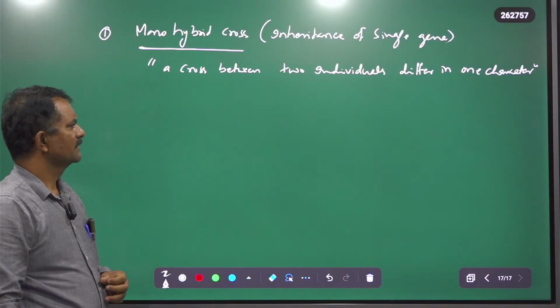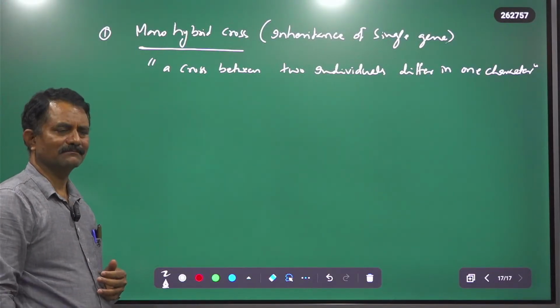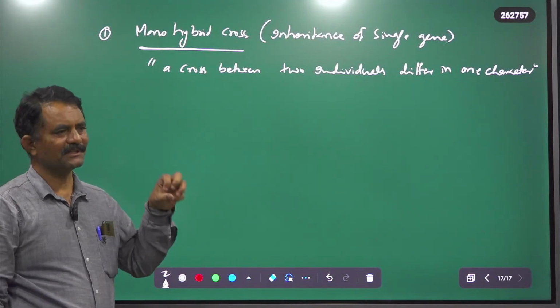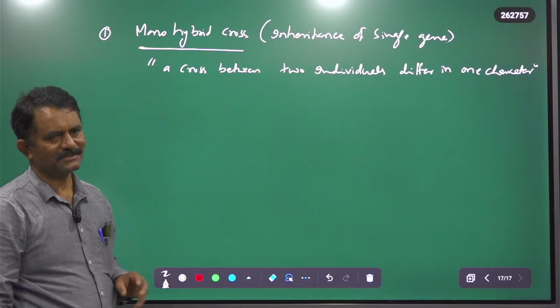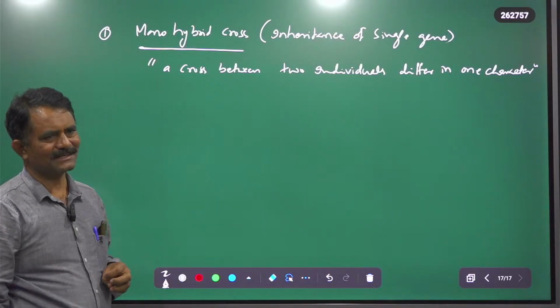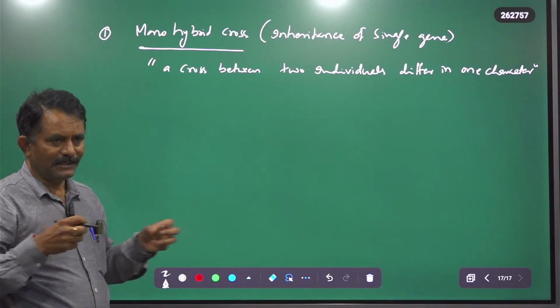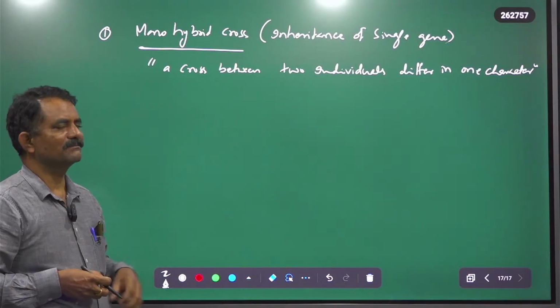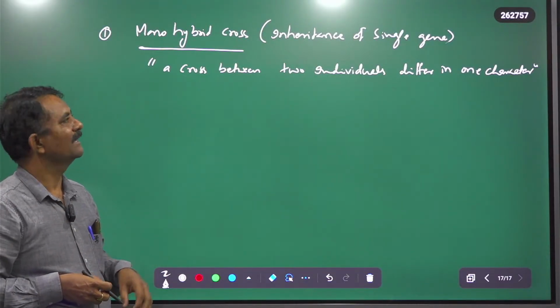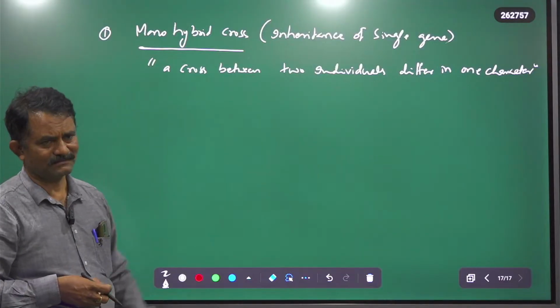The remaining characters are the same. They are homozygous except the one character that is heterozygous. Only one character is heterozygous. The remaining characters are all homozygous. In between those two plants, Mendel conducted the hybridization experiment, the monohybrid cross.